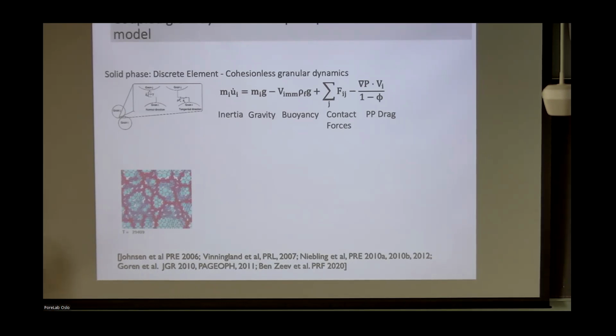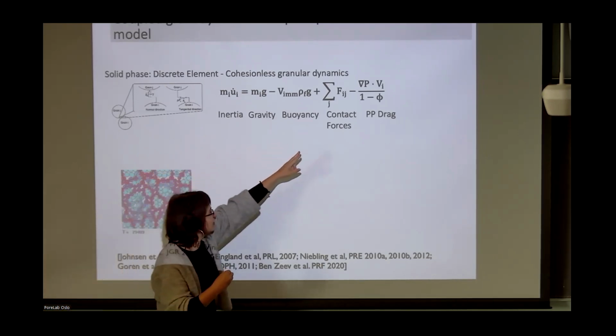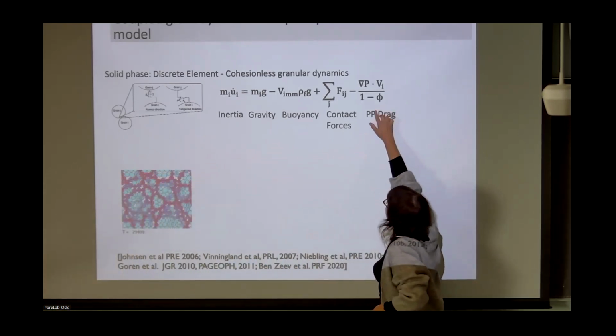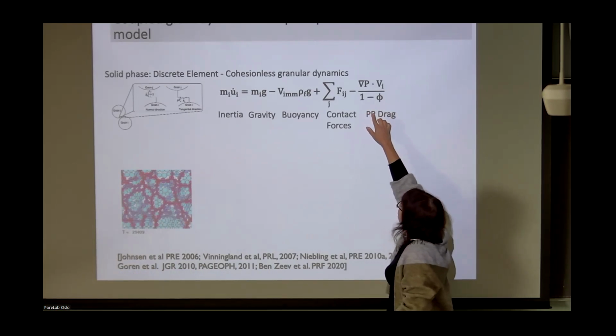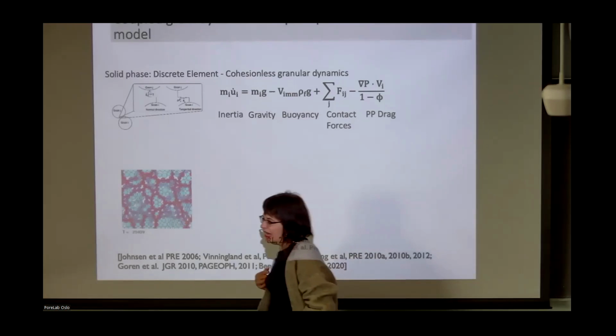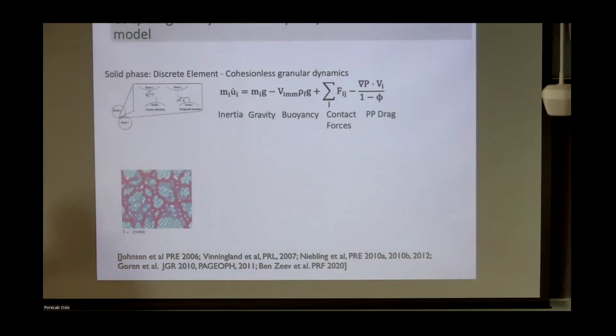So we have the dry granular material, and each grain i follows this equation with a new term which is coupled to the fluid, which says that the fluid exerts a grad P force on each grain. And then on top of this discrete element model, we have a continuum fluid model that sees an average permeability, average porosity, and average divergence of the solid.